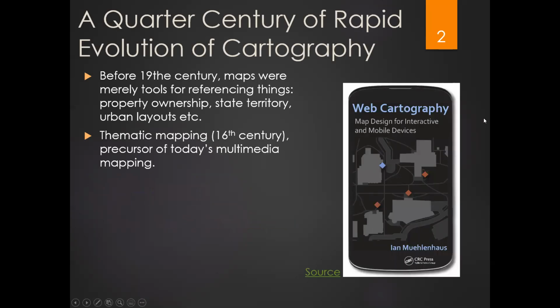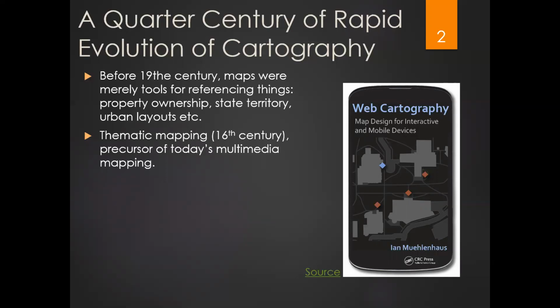Okay, I want to talk a little bit about the history of cartography first. So although thematic mapping can be dated back to 16th century, before 19th century, people usually used general purpose maps. It means that maps were only limited to recording positions of buildings, roads, and other geographic entities.